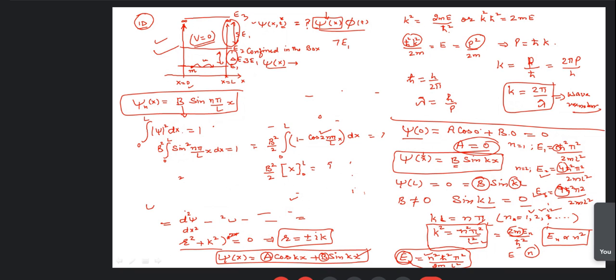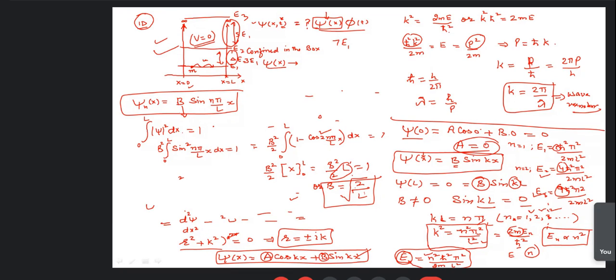So this is b square over 2 times L minus 0, which is L, equal to 1. Now if I shift everything to this side, b is the square root of 2 over L. So this is b.